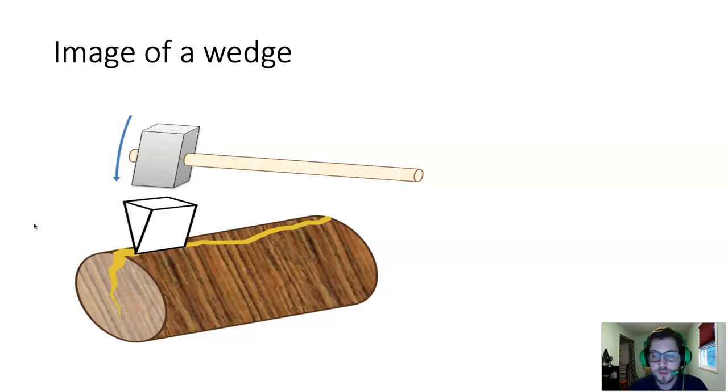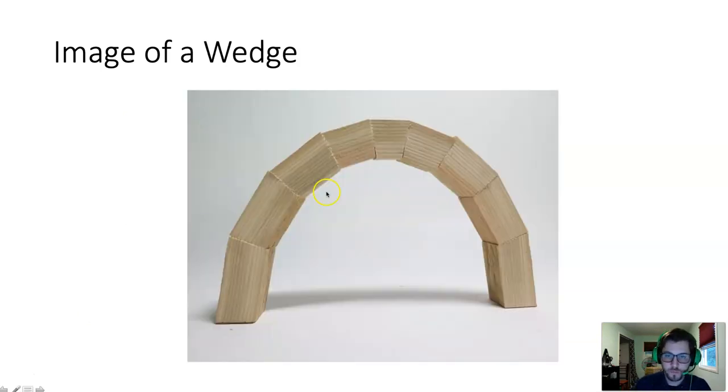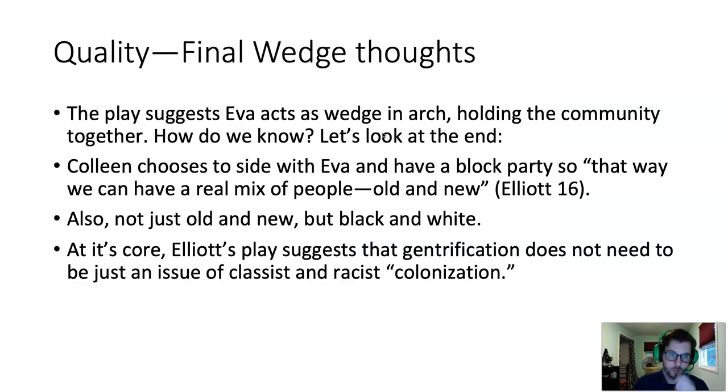But Elliott is using a different connotation of the wedge here. The centerpiece in this children's game is the wedge. So a wedge can also be something that can bind together and hold down two parts of an arch. So the play suggests that Eva acts as a wedge in the arch, holding the community together.